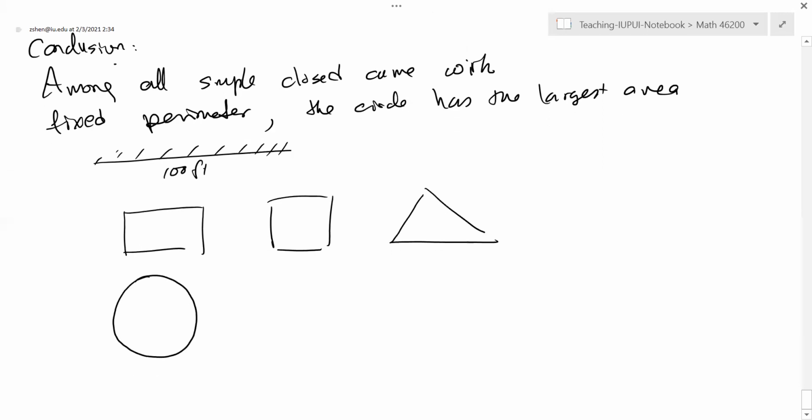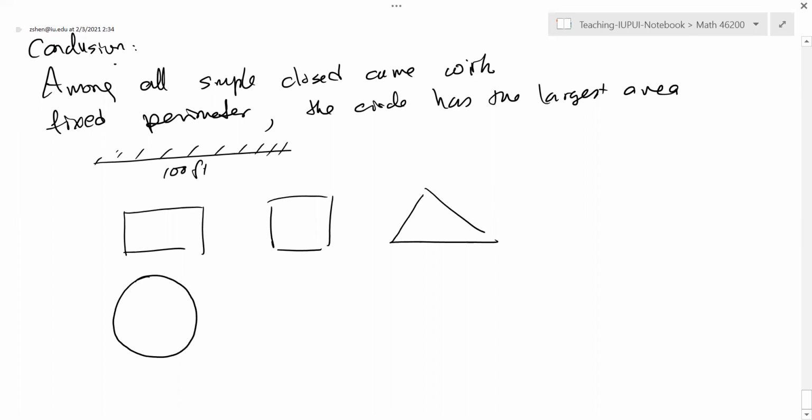Okay, so that's why people prefer to make a circle. For example, like Mongolian people, right? They live in tents, right? They load their tents, right? When they stop somewhere, they want to make a house, a tent. So of course, they want to make the area as large as possible.